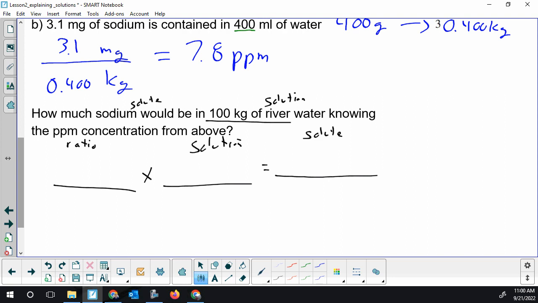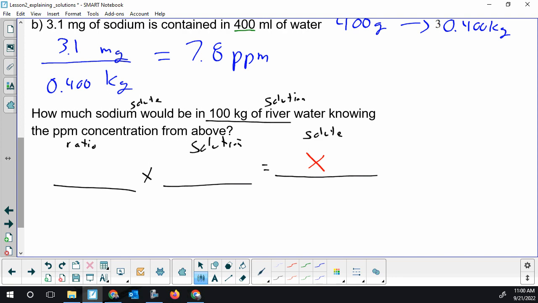Not the only way to solve these. Many come up with other ways. I teach one way. So how much sodium, how much solute, so that's our question. I'll put in X, is in 100 kilograms.